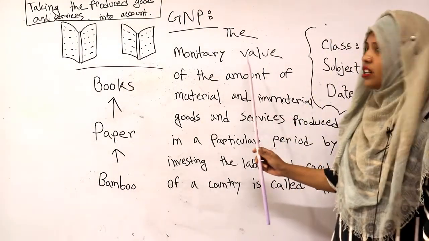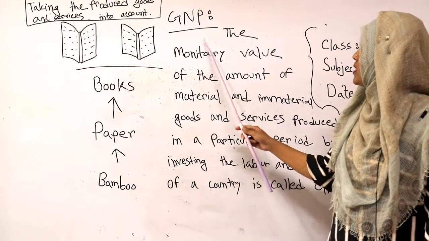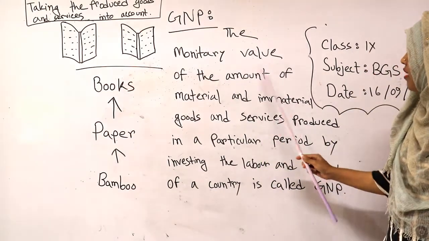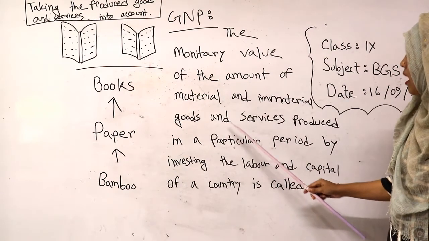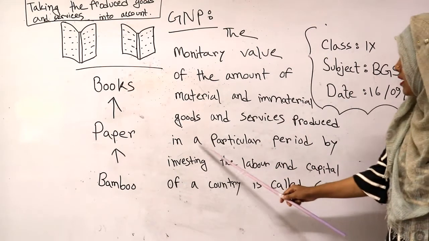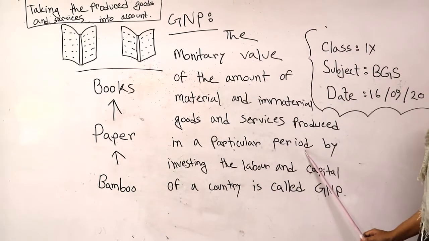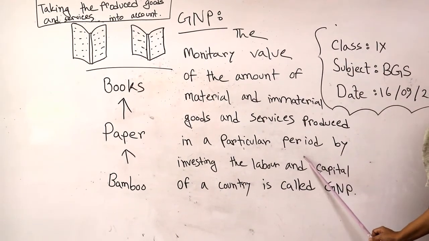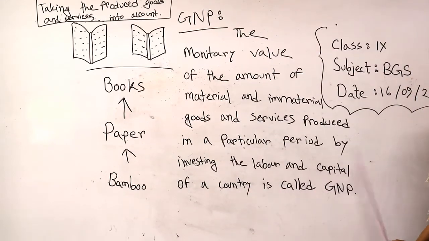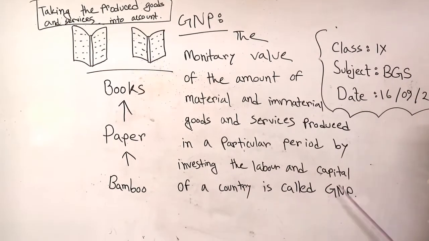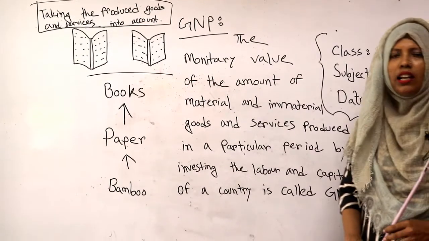Here is the definition of GNP or gross national product. The monetary value of the amount of material and immaterial goods and services produced in a particular period. Particular period means normally 1 year. By investing the labor and capital of a country, it is called GNP or gross national product.